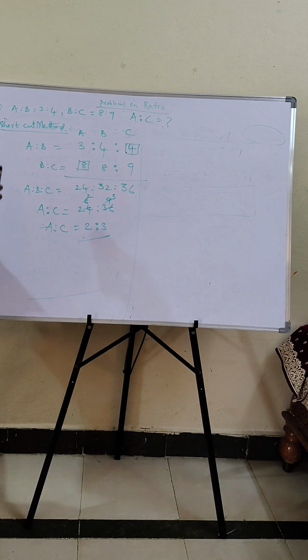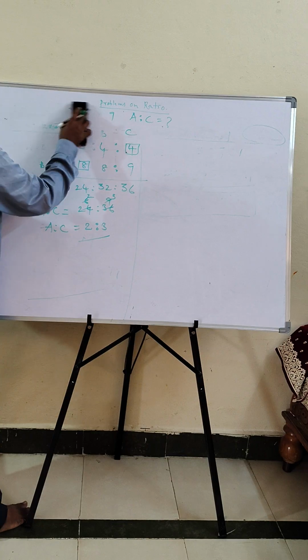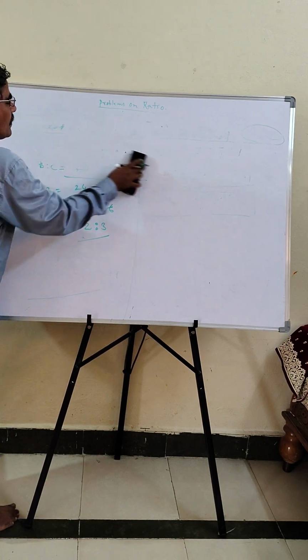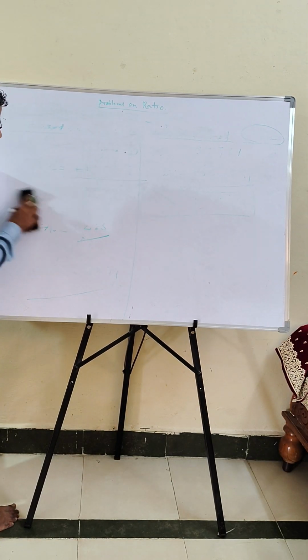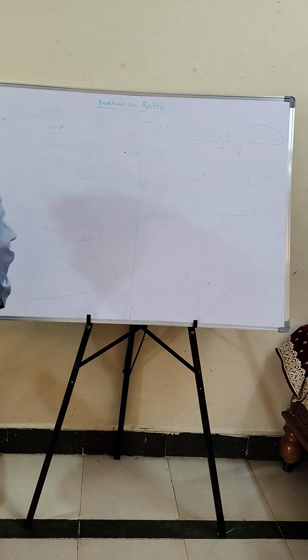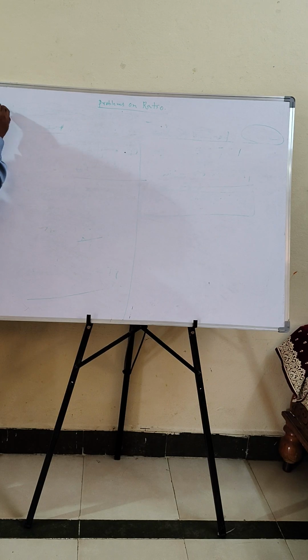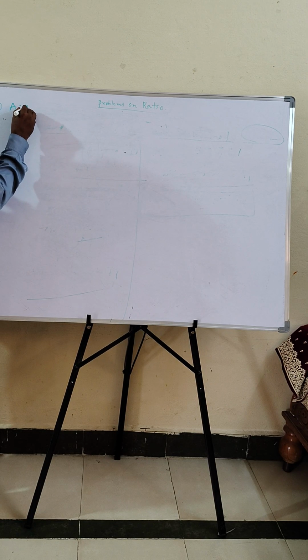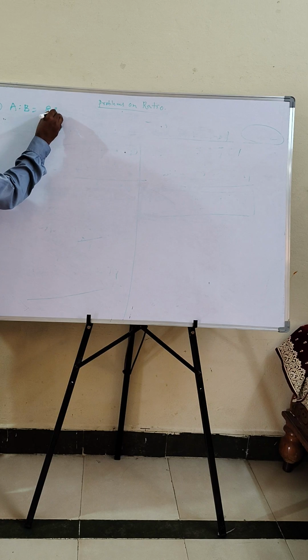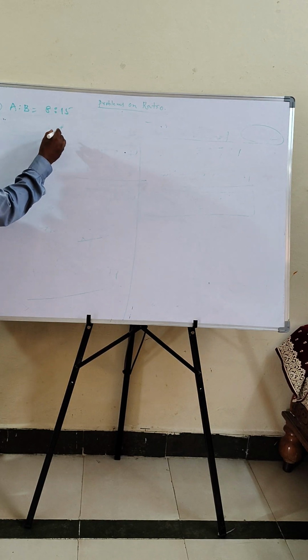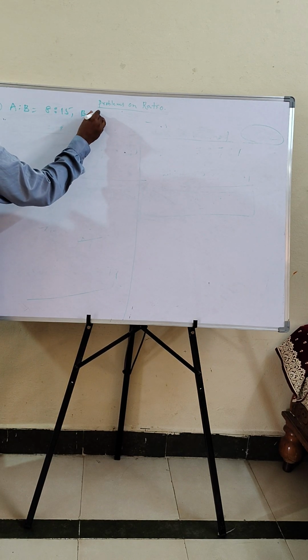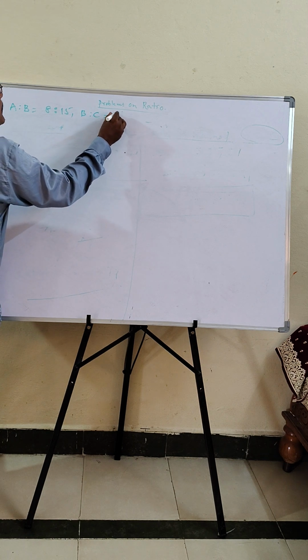Similarly, the third problem: A is to B equal to 8 is to 15. B is to C equal to 5 is to 8.